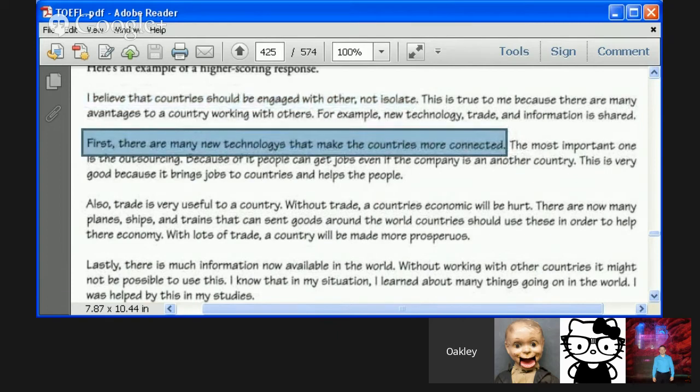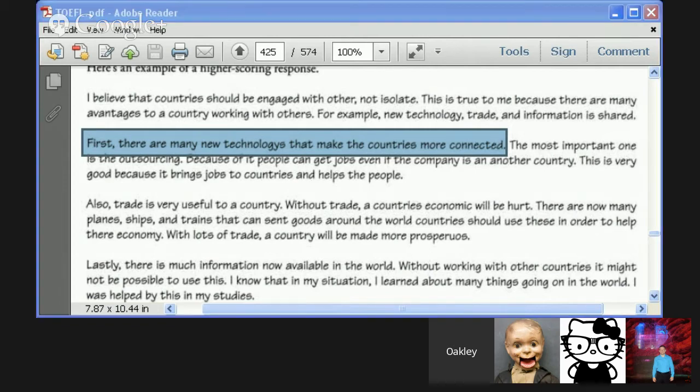Back to Alexei. First, there are many new technologies that make the countries more connected. First, I see that word technologies written incorrect. Yep. It should be IES at the end.